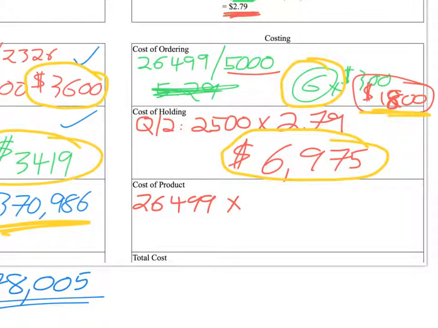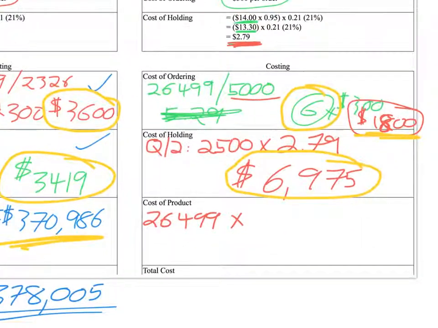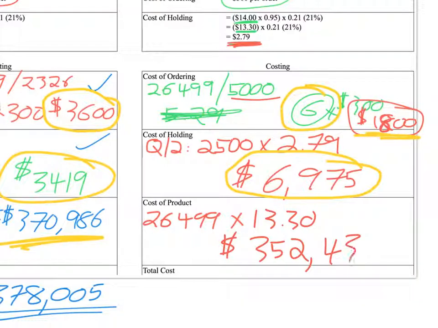But instead of it costing $14, our new discounted price is $13.30. So what does that equal? $13.30 times 26,499. So our new total product cost goes to $352,436. I'm losing the pennies.